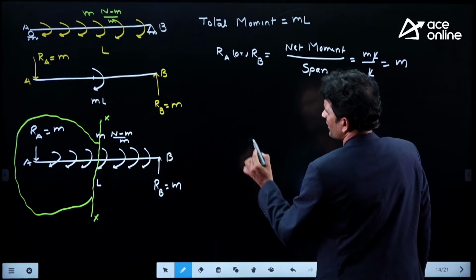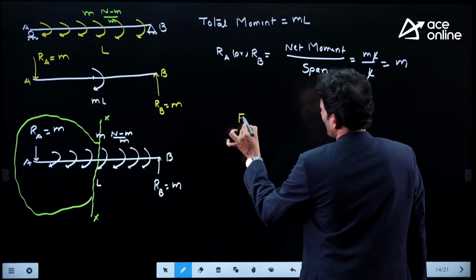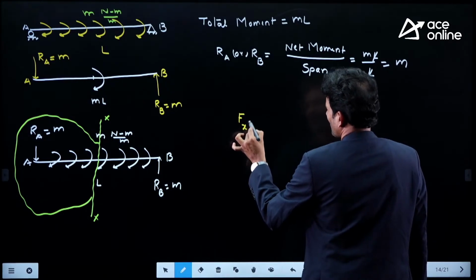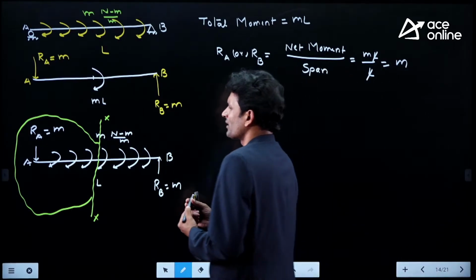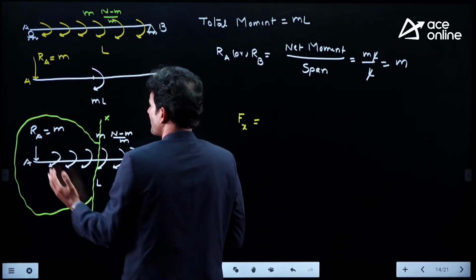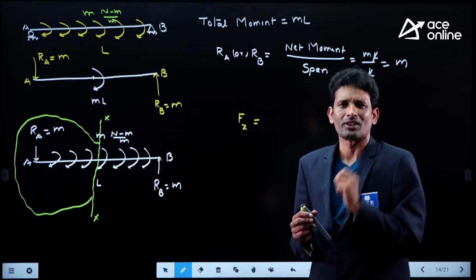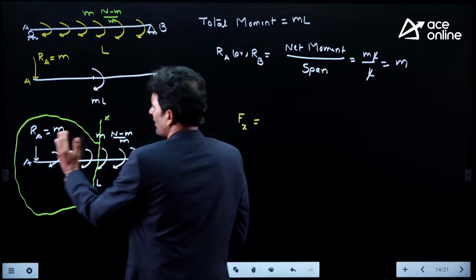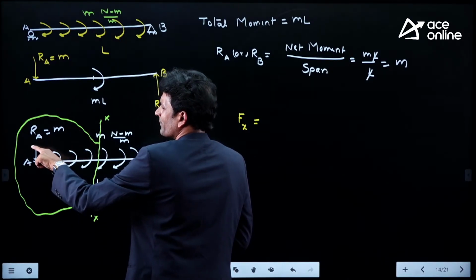Now my requirement is, first of all, what is the shear force acting at this section XX? The algebraic sum of the transverse forces, on either the left hand side or the right hand side of my section, gives the shear acting at that section. When I consider the left hand side, how many forces are we observing, my dear friend? Only one.